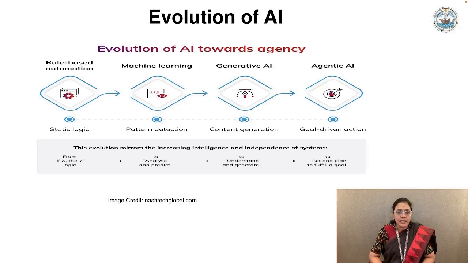Agentic AI is a new dimension of artificial intelligence which not only gives a solution automatically, but sets a goal, plans the action, and eventually gives you the solution for the problem.